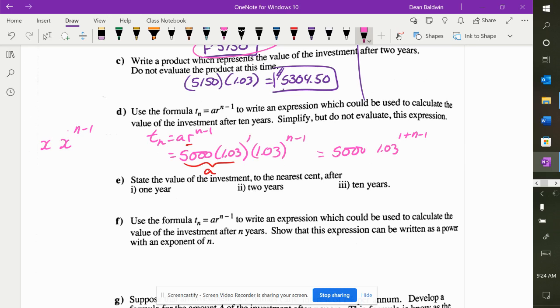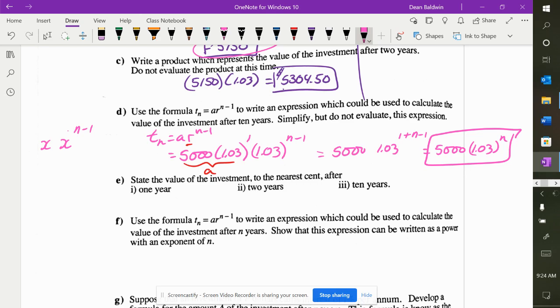Because this has an exponent of 1, right? So what happens to the ones? They cancel. They go away. So you get 5,000 times 1.03 to the n. The minus 1 goes away because your initial A value has that 1.03, or the R factor, in it already.